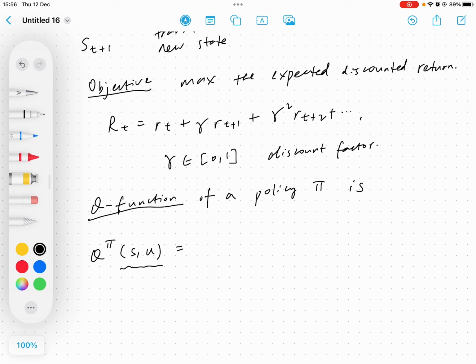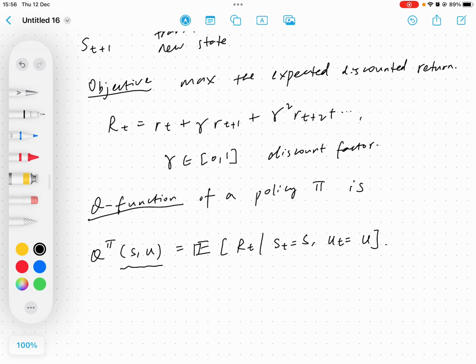And this would be an expectation of those big R_t, the sums of those little r_t as we mentioned above, given that the state at time t is little s and the action at time t is little u. Okay, good. So that's the Q function.